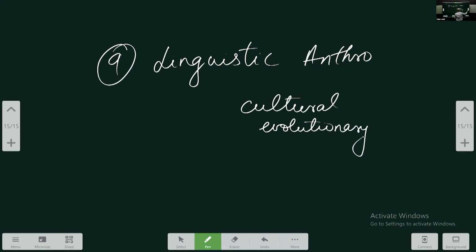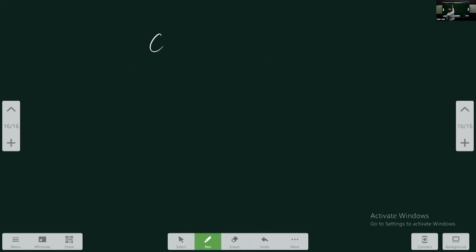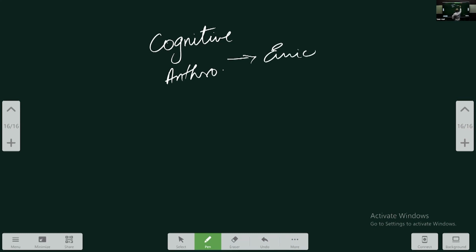And discuss and link that linguistic anthropology is connected to another theoretical approach in anthropology called the cognitive approach or cognitive anthropology, and it is connected to the study of emics and etics. So all of this is actually part of linguistic anthropology, and discuss any important thinkers.